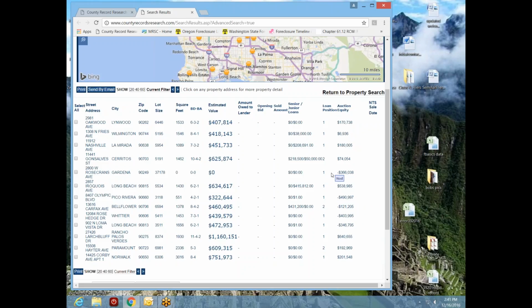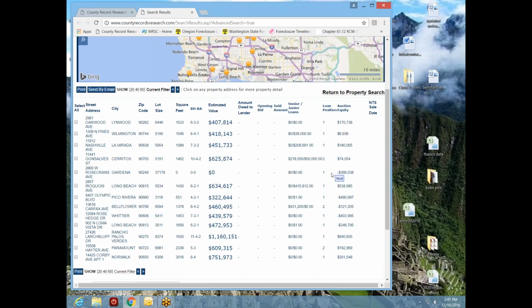Okay, so now HOAs are a category that's by themselves, because whenever you have an HOA foreclosing, what they're doing is they're demanding payment on their monthly dues that has accrued over a period of at least 1 year or a minimum of $1,800. That's $1,800 in missed payments on the HOA dues.